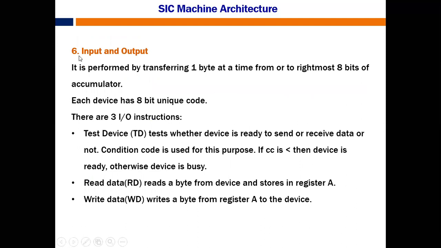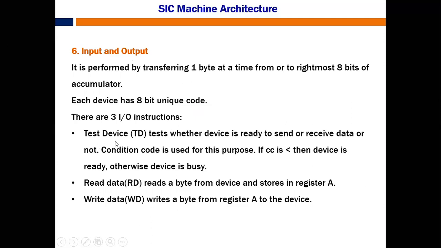Then the next one, the sixth one, is input and output. It is performed by transferring one byte at a time from the rightmost 8 bits of the accumulator. Each device has an 8-bit unique code. We have three types of instructions in input and output.